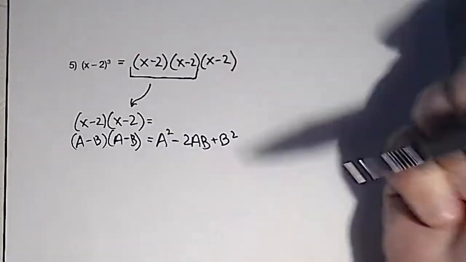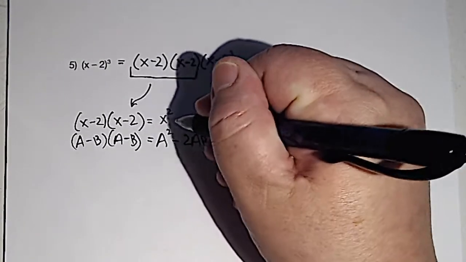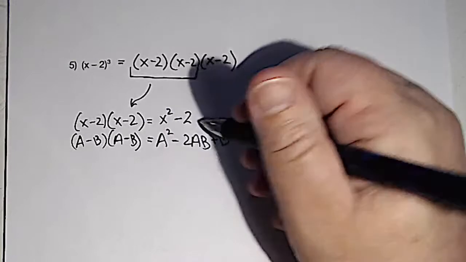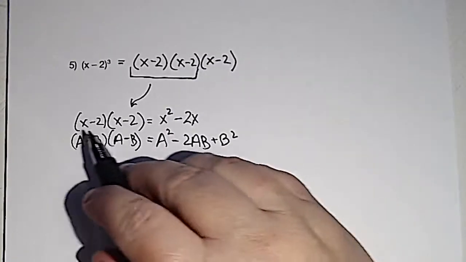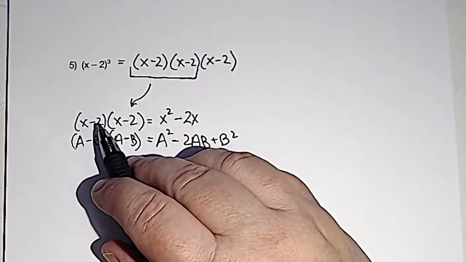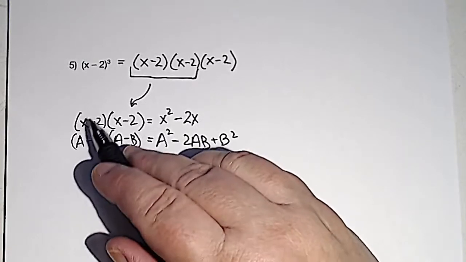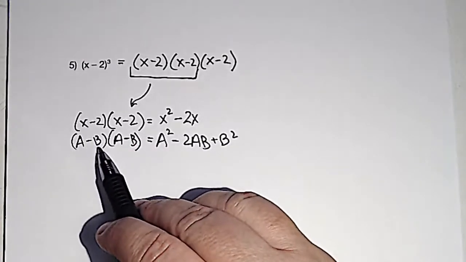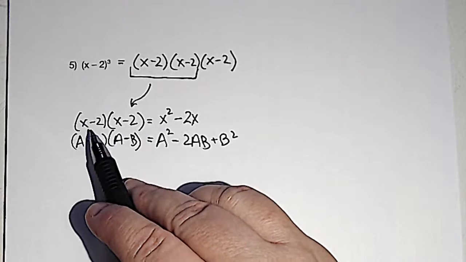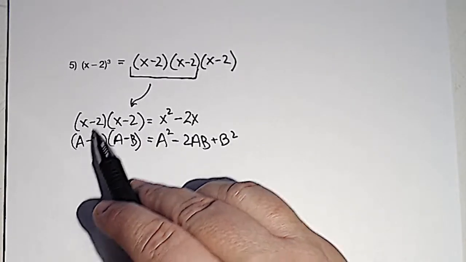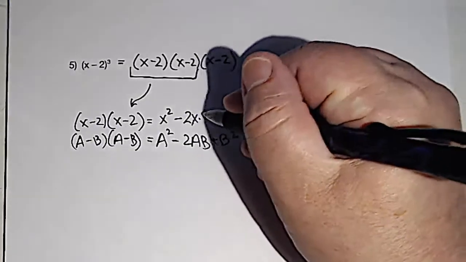A is x, so this is x squared. Then we've got minus 2 times x, and then we got to figure out what b is. B is going to be 2. And again, notice it gets confusing with the minuses, but since I have a formula that already has the minus, I don't have to worry about the minus. It's already in the formula. B is just the 2.